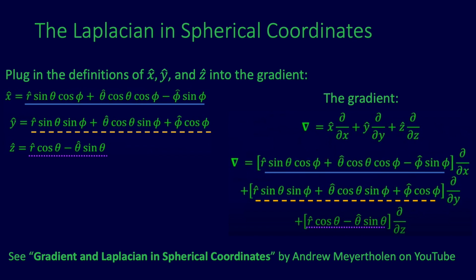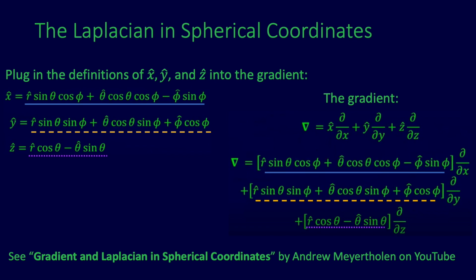So without showing you all of the details there, if you distribute through those operators, d/dx, d/dy, and d/dz, and then you gather up the like terms, it turns out that you can rearrange this, and by knowing some definitions of how to go back and forth, you actually can rewrite that expression for the gradient so that basically all of the x's, y's, and z's go away, and you're left with only spherical coordinates and only spherical unit vectors.